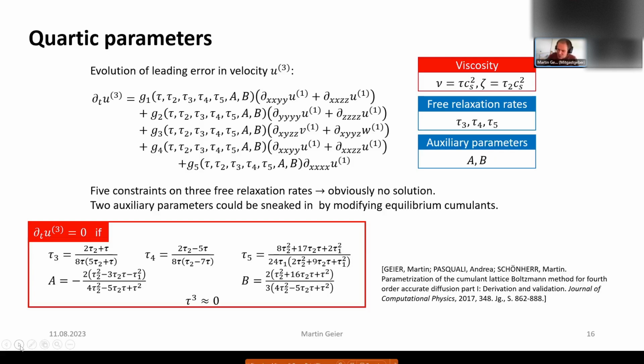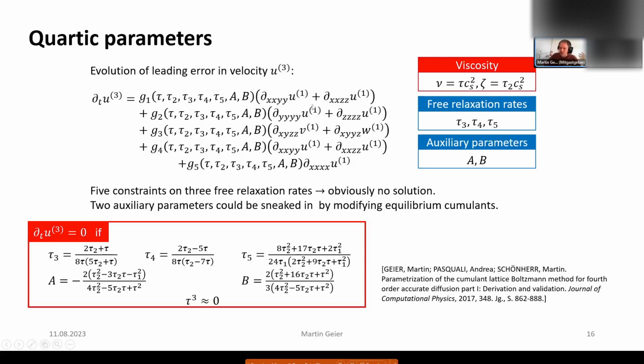What we do here is we derive the equation of the leading error in dependence of all the free relaxation times in our system. Then we solve. There are different terms, which usually depend on first order derivatives of velocity.